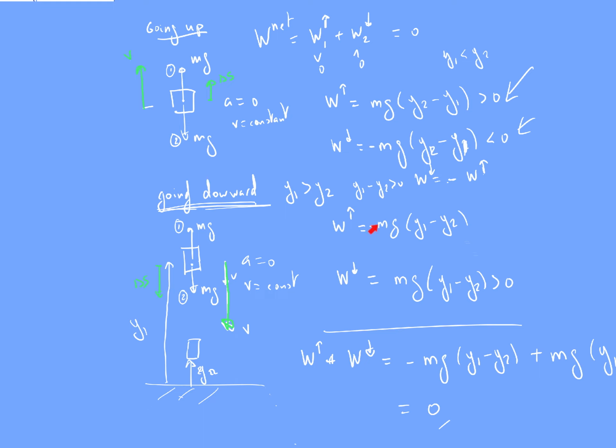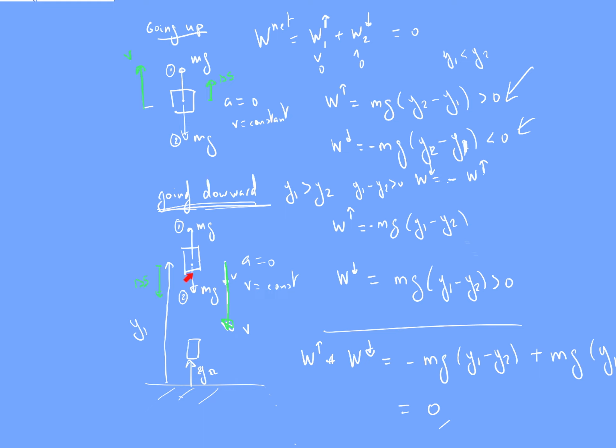The force is in the opposite direction of the displacement, so it's minus mg, multiplied by the displacement. The displacement has to be something positive, so it's y1 minus y2. So this is the work of the force that is going up.